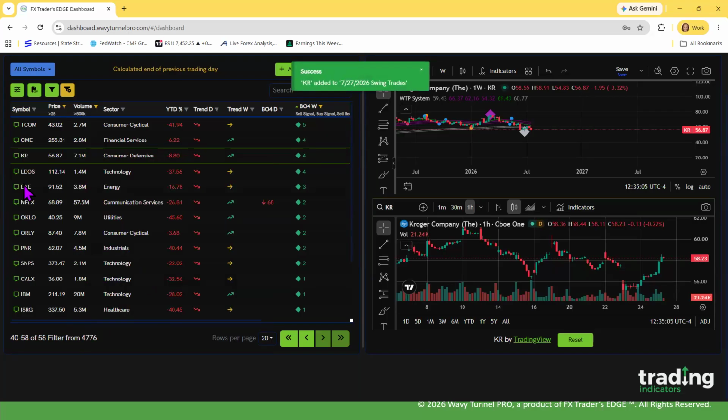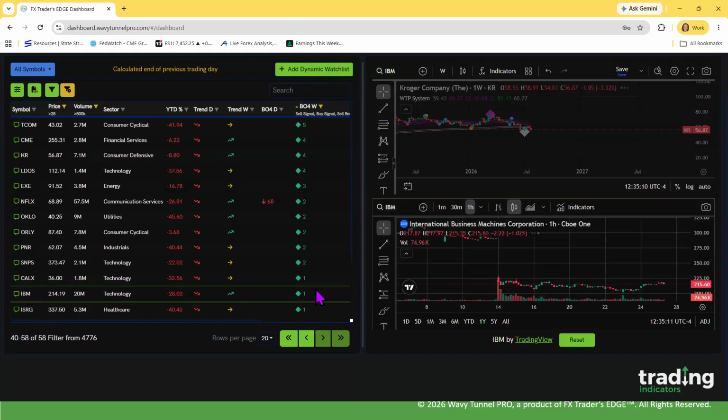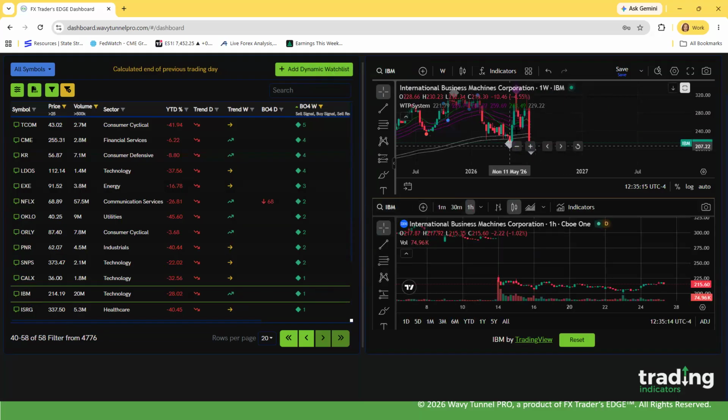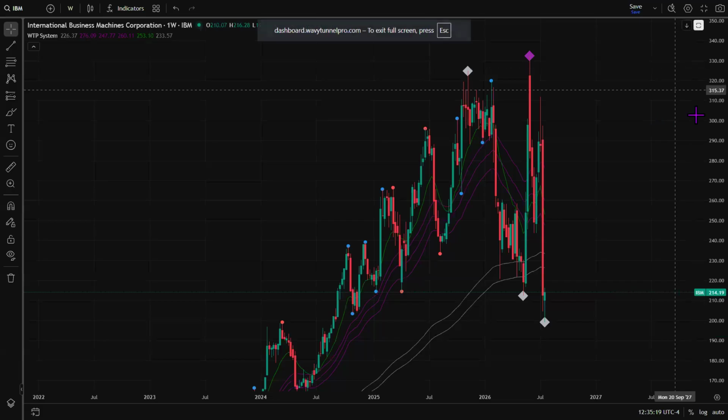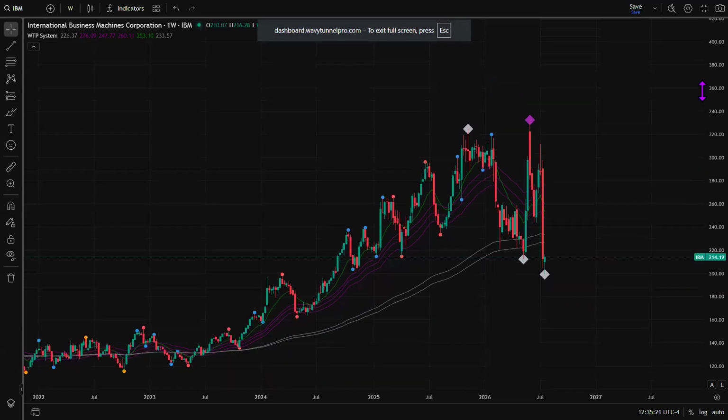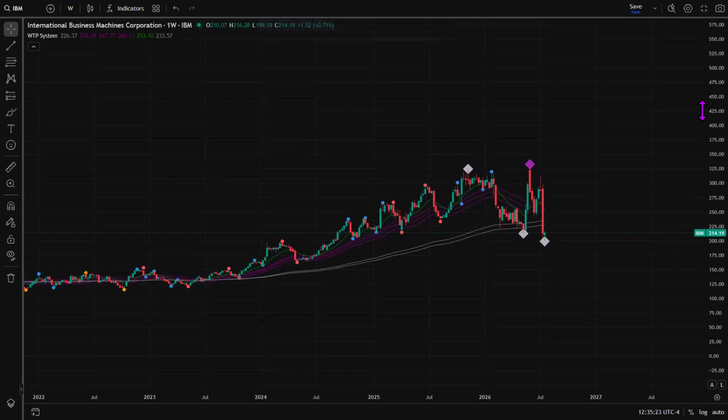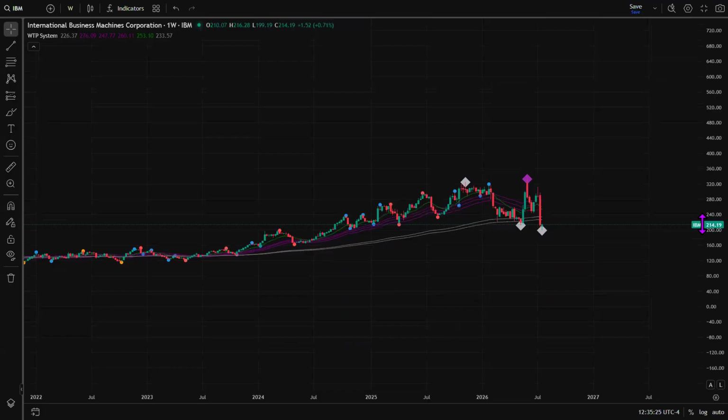Let's see, anything else? Oh, IBM. That just printed. Ah, it printed twice. Okay, look what happened here.